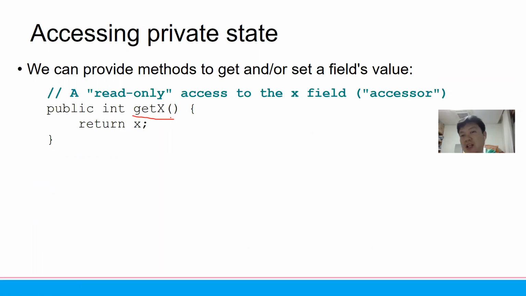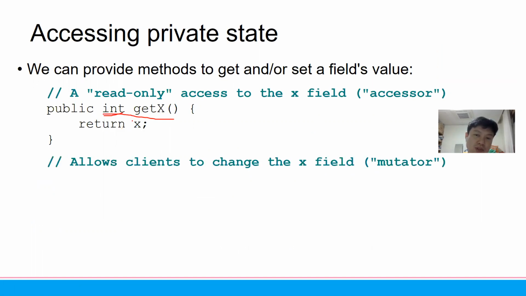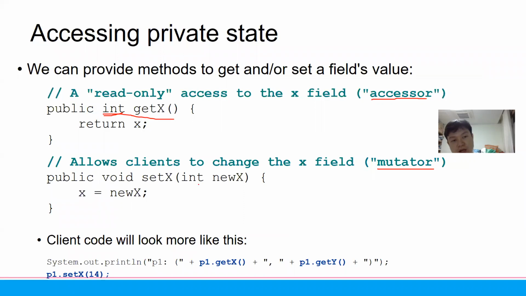Usually people say set and get. So I get the x and return the x because it is an integer. If I want to change the value, then you use setX, and there will be a value, and the value will be assigned to the x.